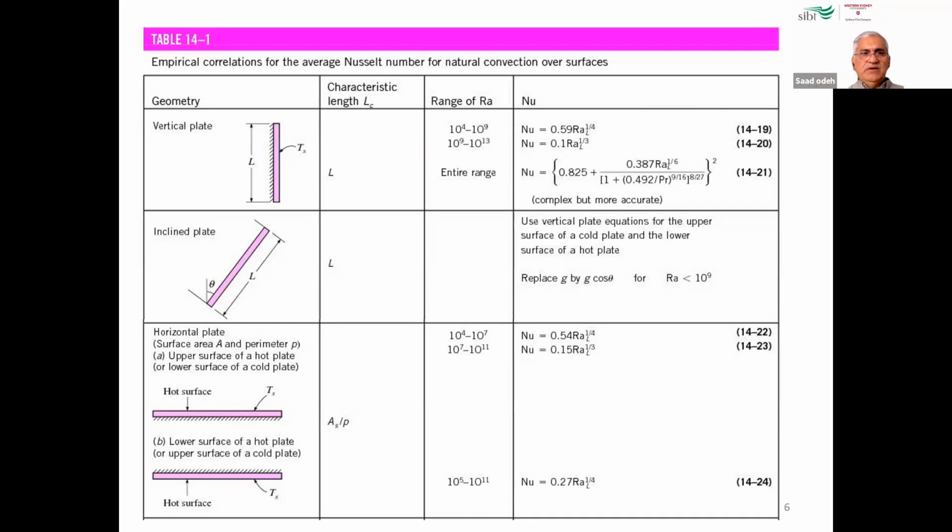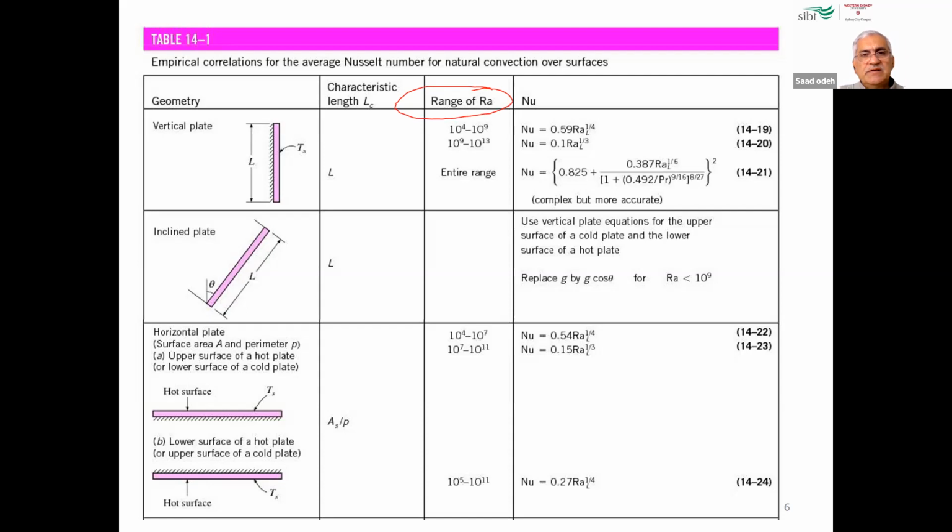All right. So now go back to table 14.1. This is the empirical correlations for the Nusselt number for natural convection over surfaces. As you can see, the range is identified by the Rayleigh number, not the Reynolds number as we did before in forced convection; we are using Ra, not Re.